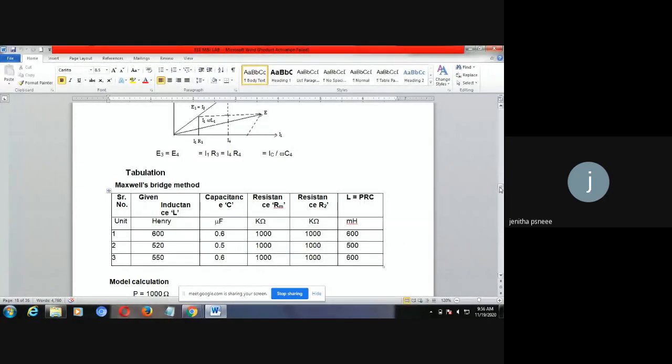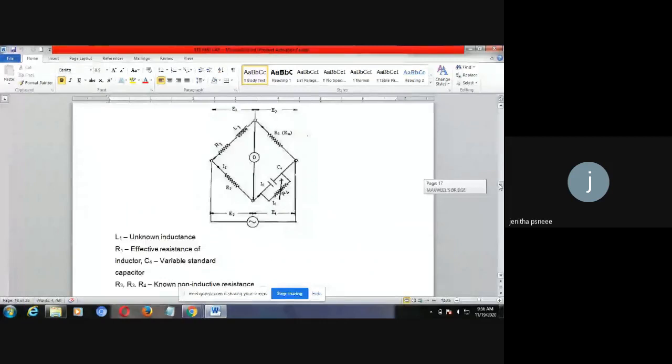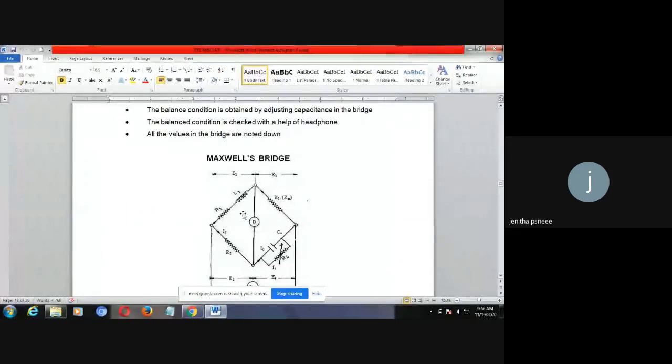So if I keep L1 as 600 millihenry, the headphone should stop the noise. At balancing condition, the noise will be stopped. That is the bridge condition you are identifying with the detector. So in headphones, the bridge balancing condition is that the noise will be stopped.